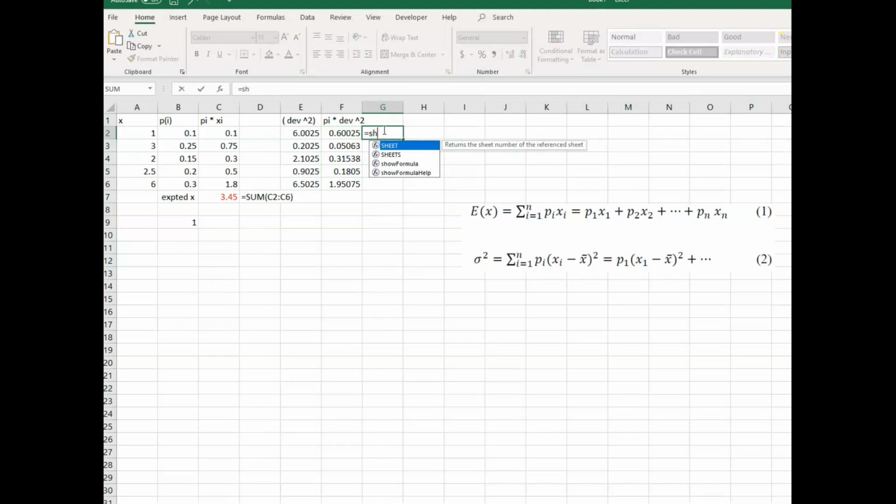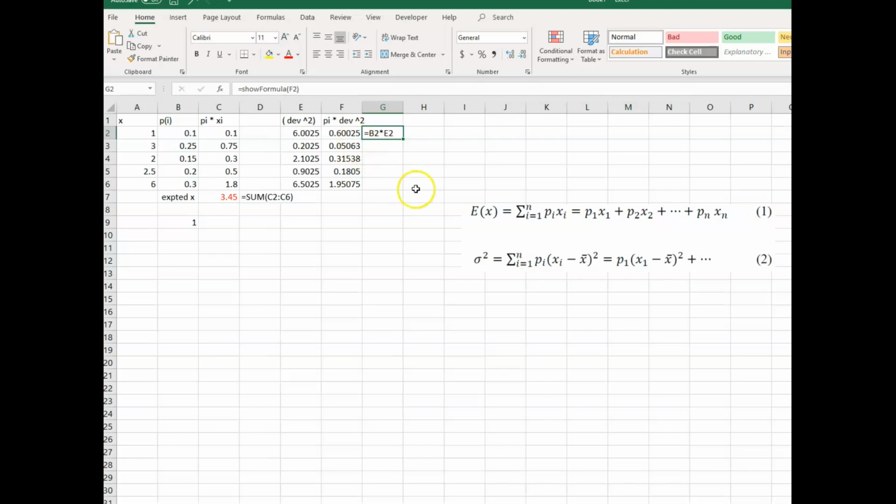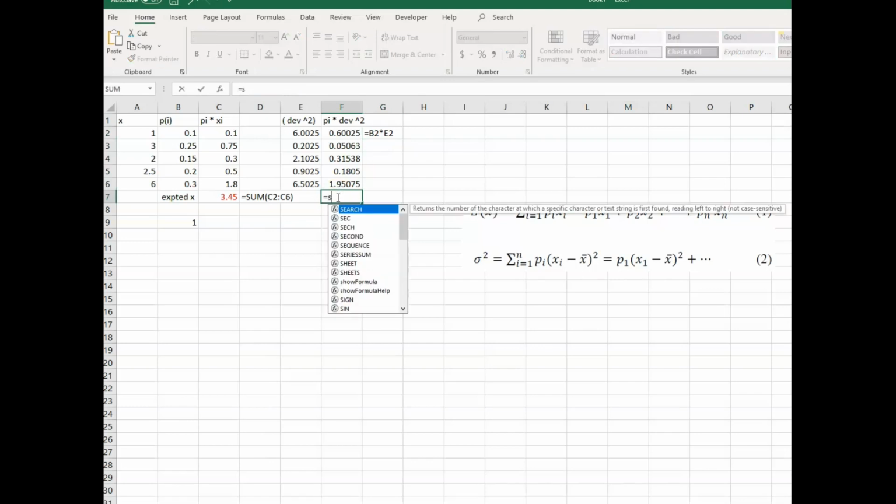Then I copy the formula. I'm going to show formula and close it. So actually this is B2 times E2. B2 is the probability, and E2 is the squared deviation. So the summation of everything will be our variance.